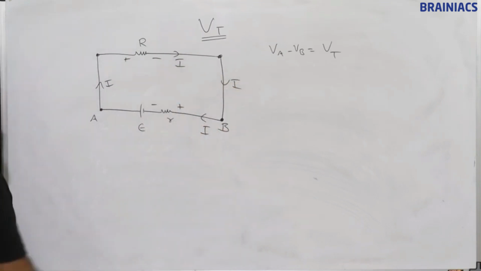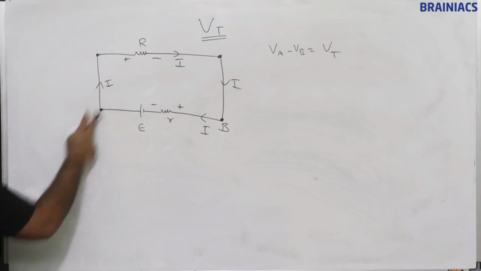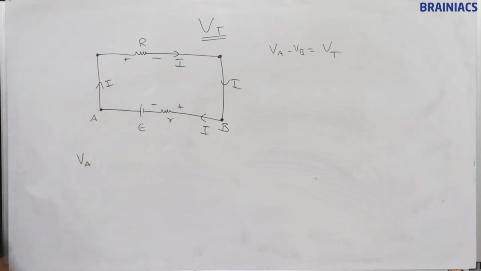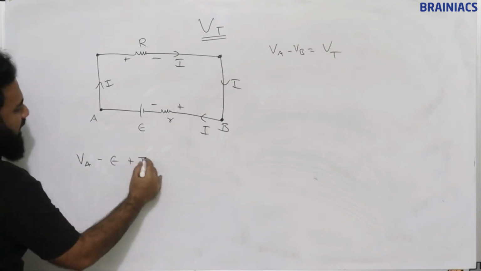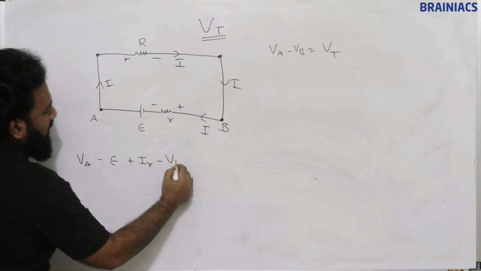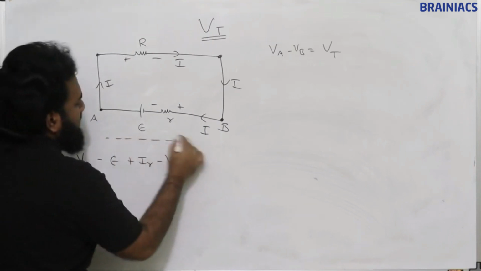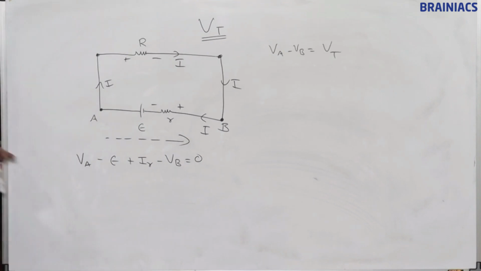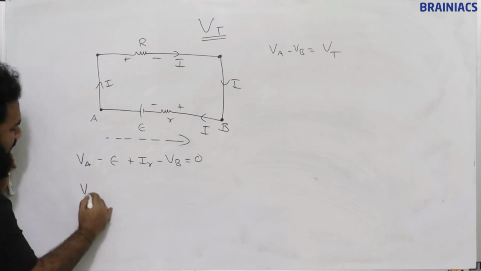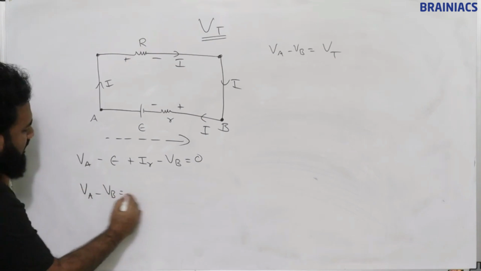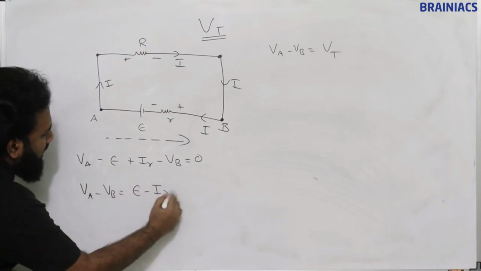Now we take from this: VA minus E plus IR minus VB is equal to 0. I took this path. Correct? Now VA minus VB is equal to E minus IR.